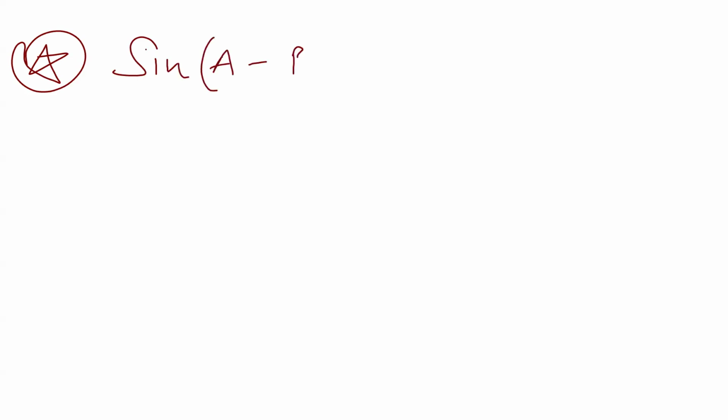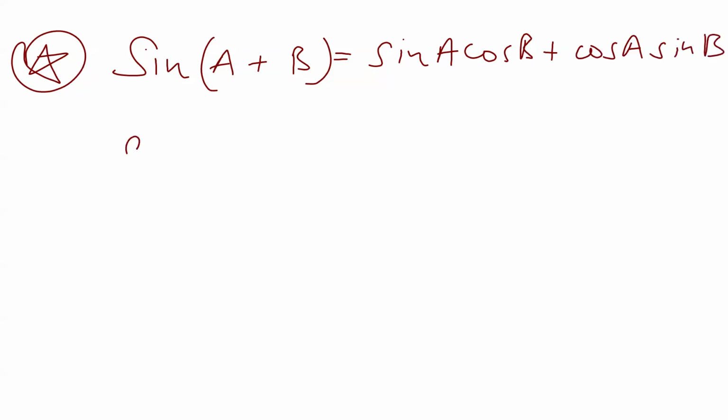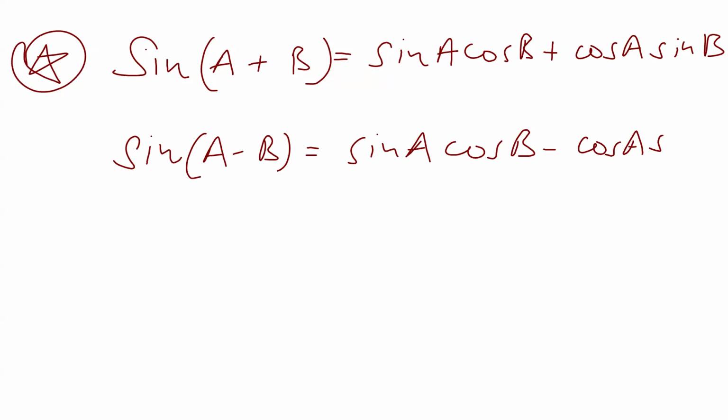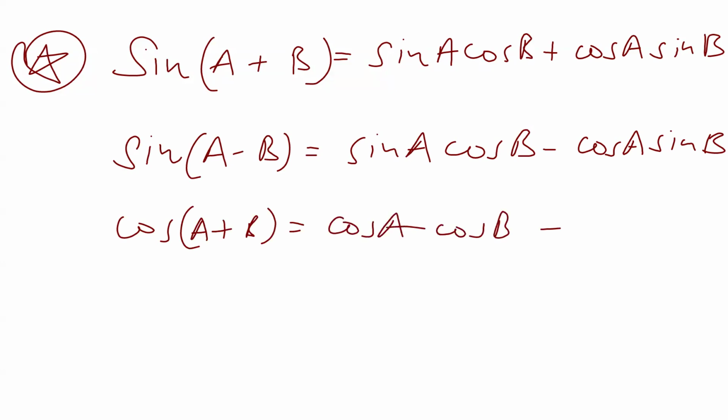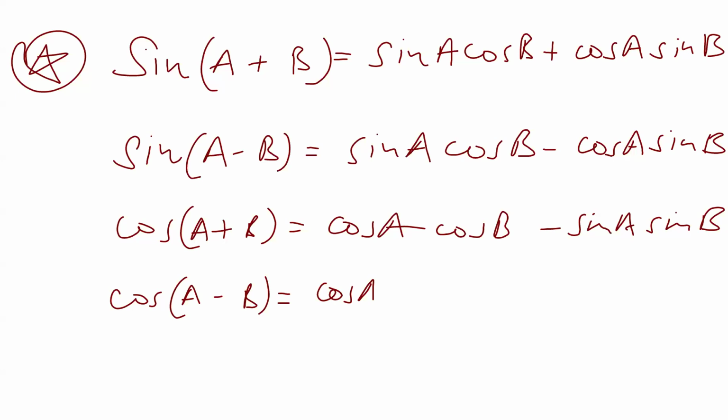Sine A plus B, which is sine A cos B plus cos A sin B. Sin A minus B, sin A cos B minus cos A sin B. Cos A plus B is equal to cos A cos B minus sin A sin B. Cos A minus B is equal to cos A cos B plus sin A sin B. Okay.